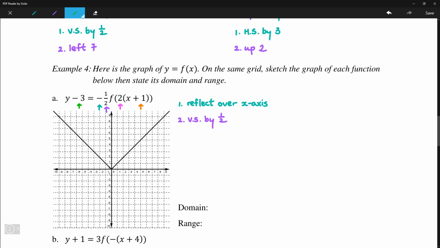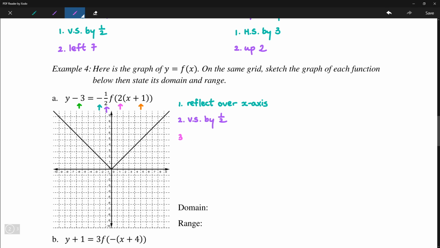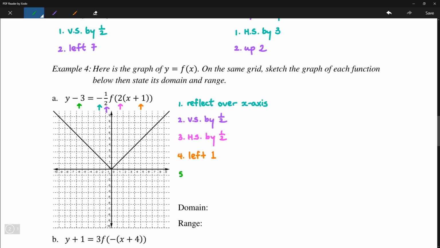Okay, after that, there's a 2, which means there's a horizontal stretch also by 1/2. And then the last 2 transformations, number 4, this is left 1 space, and number 5, okay, this is a long list, up 3.